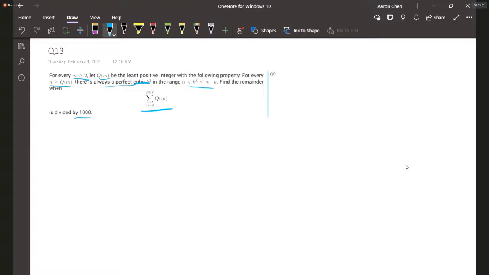And so for now, we can just try some small cases and see what happens. So when m equals 2, you want the ratio between consecutive perfect cubes to be less than 2. And so the ratio of 64 to 27 is greater.